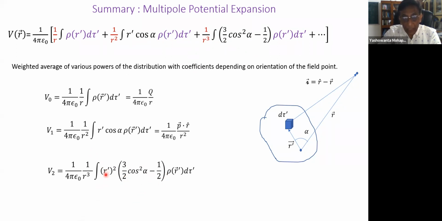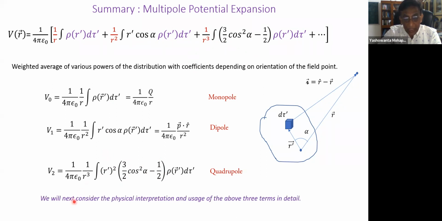This is the second moment, this is my first moment, this is my zeroth moment. So monopole, dipole, and quadrupole terms. We will next consider the physical interpretation and uses of these terms in determining potential and field in detail.